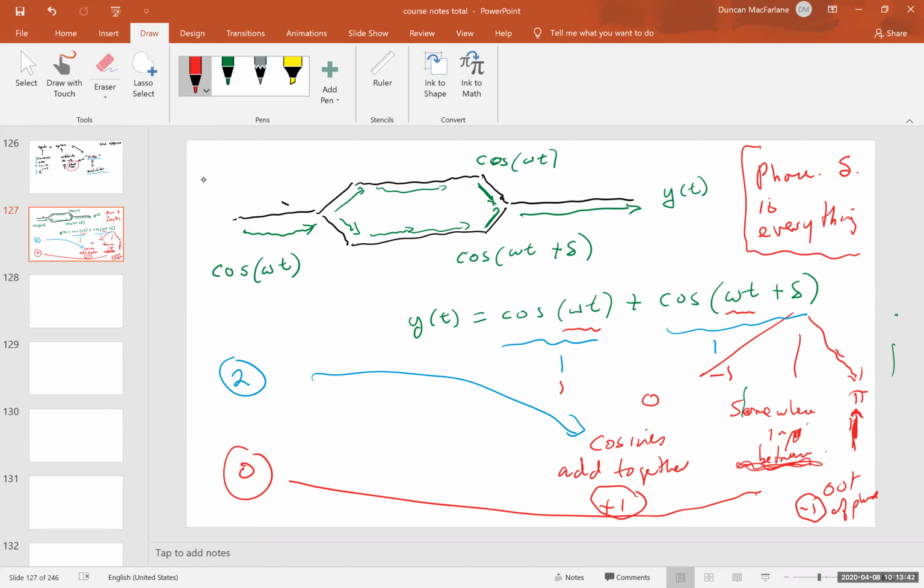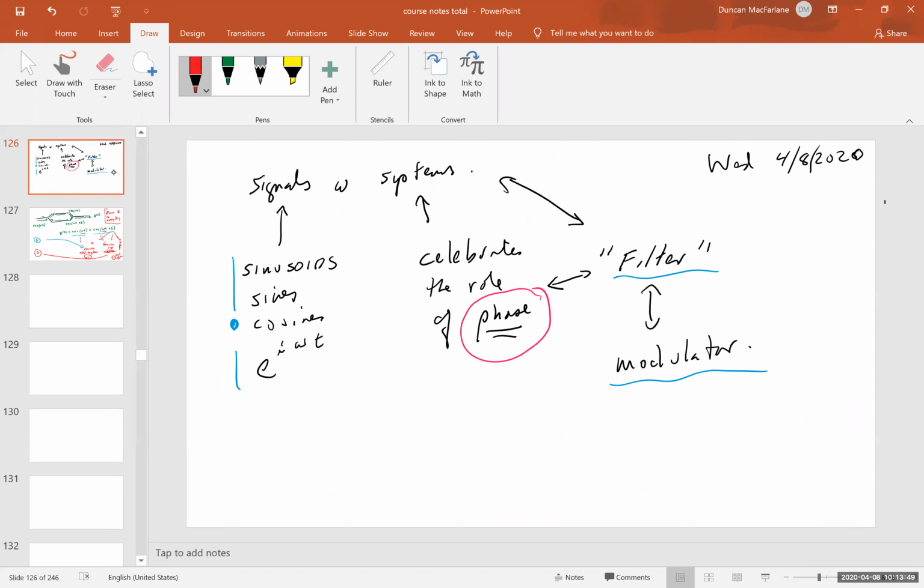Okay. Now, the reason I'm saying this is because, generally speaking, when we look at filters, we always think about the magnitude response.